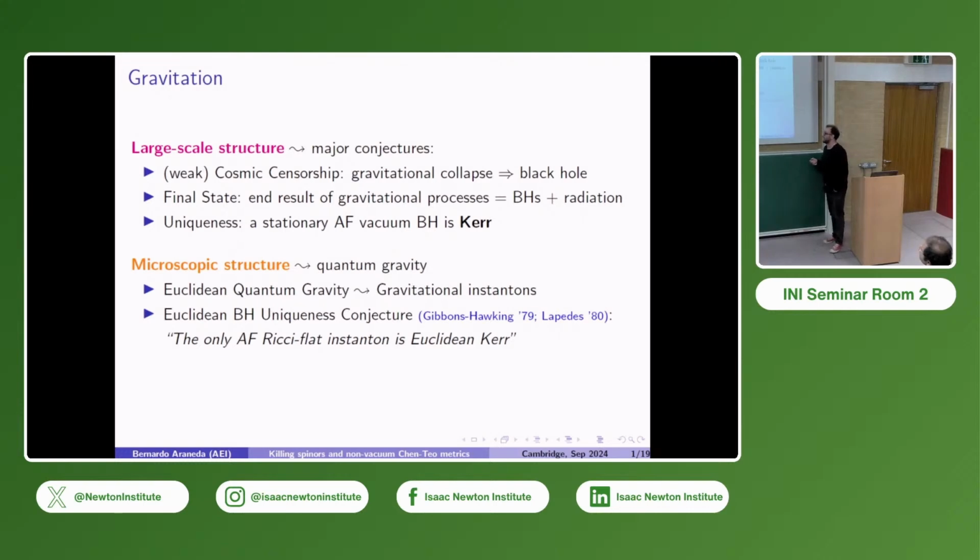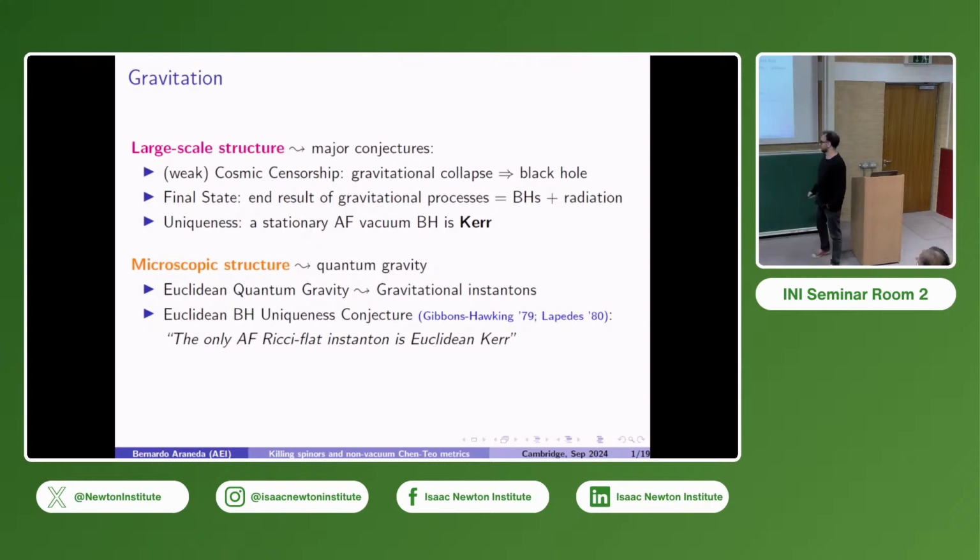And as I was saying, at the level of the large-scale structure, we have some sort of uniqueness for Kerr. Kerr plays a distinguished role. And by analogy, this was in Lorentzian signature, in Euclidean signature people conjectured the Euclidean black hole uniqueness conjecture, proposing that the only asymptotically flat gravitational instanton is the Euclidean Kerr solution.